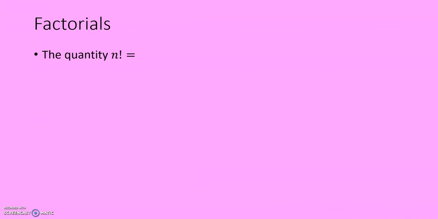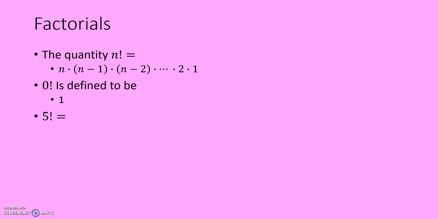Factorials. The quantity n factorial equals n times n minus 1 times n minus 2, multiplying all the way down to times 2 times 1. 0 factorial is defined to be 1. 5 factorial equals 5 times 4 times 3 times 2 times 1.